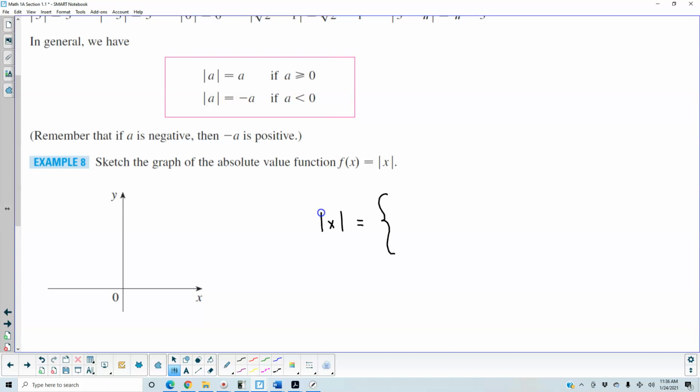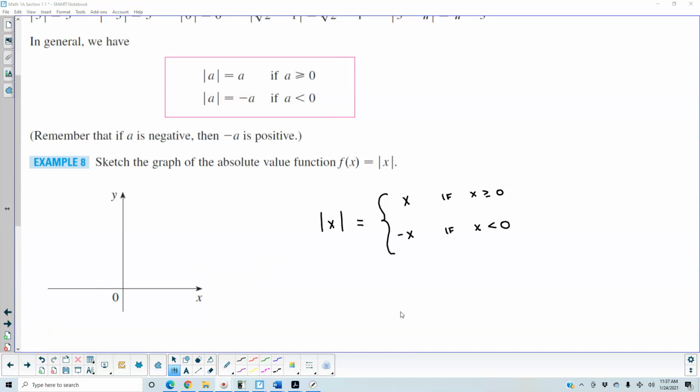We know it's going to equal x if x is greater than or equal to 0, and it's going to equal negative x if x is less than 0.